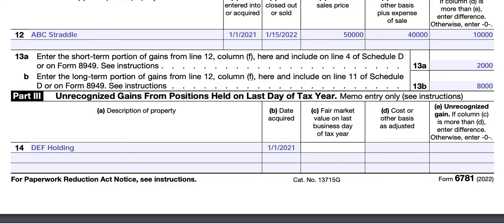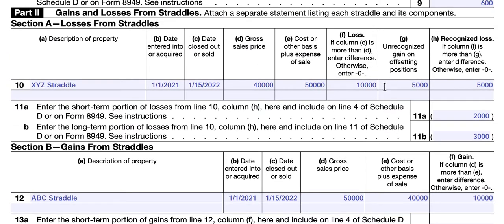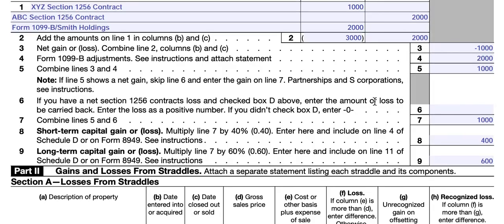Let's just say this was the close of 2022. So at the close of 2022, this was worth $25,000. It was a contract that you paid $15,000 for, and so you would have an unreported gain of $10,000. So again, this might come into consideration when you're having to reduce your loss, like if this was an offsetting position on a straddle that you sold in the tax year.